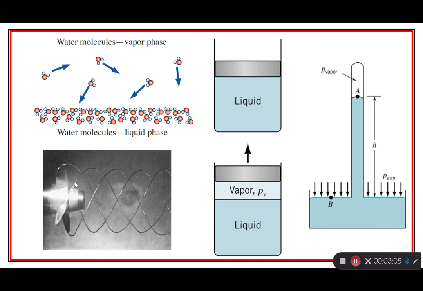It can be very, very bad because it's almost like a tiny little explosion that's taking place. We want to call them bubbles, but they're not actually air bubbles. They're steam bubbles.